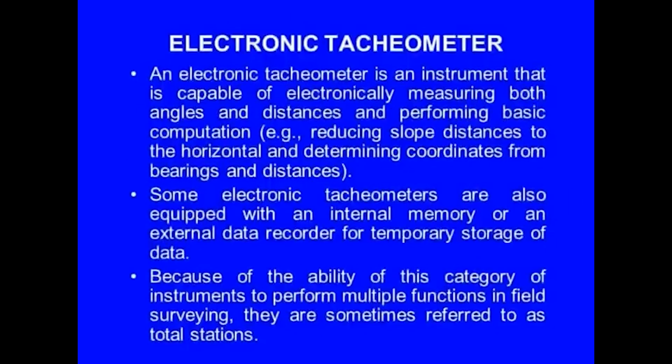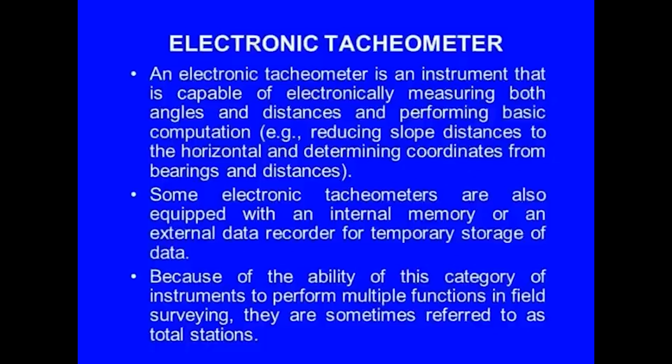An electronic tachymeter is an instrument that is capable of electronically measuring both angles and distances and performing basic computations, that is reducing slope distances to the horizontal and determining coordinates from bearings and distances.